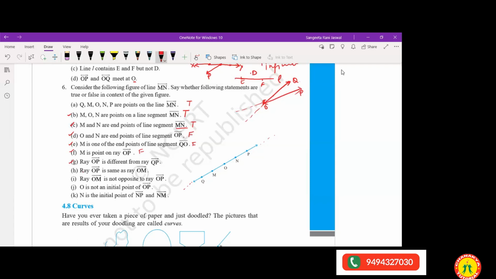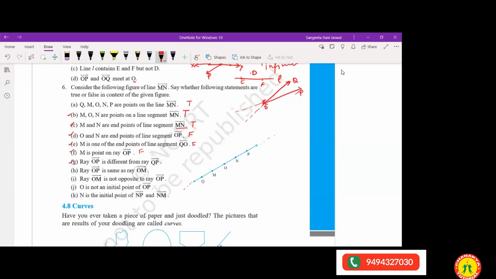QP ray is Q to P. Ma'am, QP is a line. QP is a line, yes. And OP is different from QP. Yes, that's correct. True. Okay.